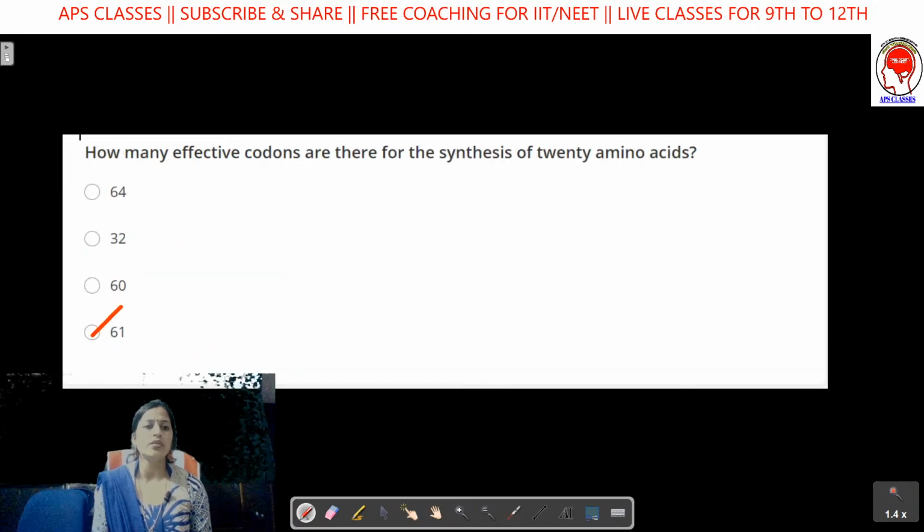Next is question number 3. How many effective codons are there for the synthesis of 20 amino acids? Options are 64, 32, 60, and 61.